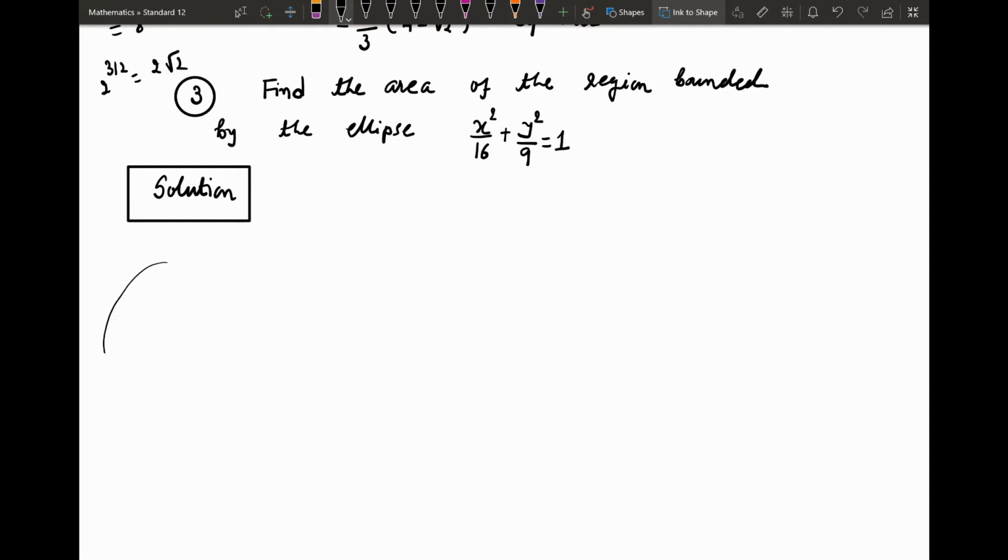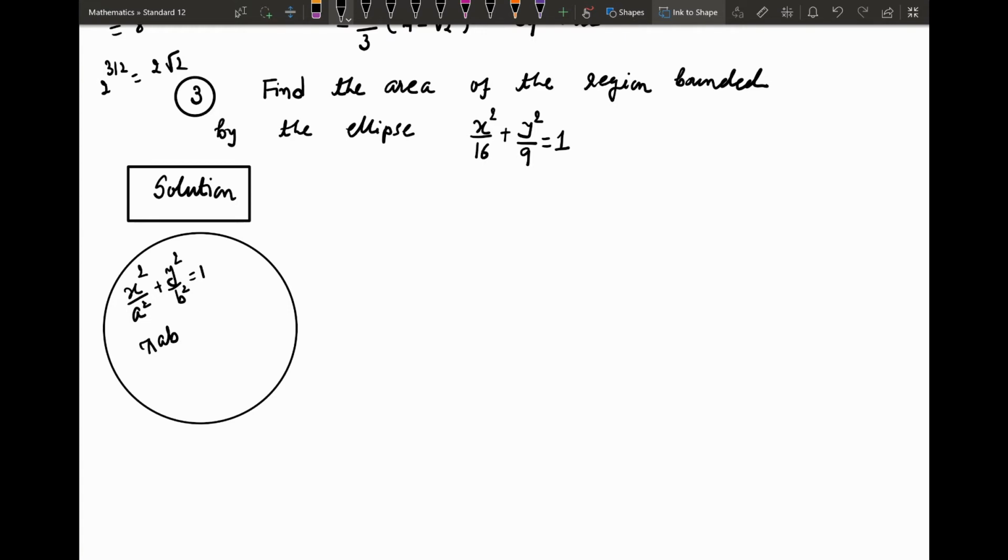Actually there is a shortcut for the ellipse x square upon a square plus y square upon b square equal to 1. Whether the major axis is the x axis or the y axis, it is immaterial. The area of the ellipse is given by the formula pi ab. This is the shortcut for the area of an ellipse.